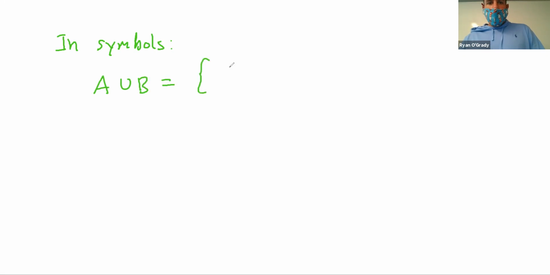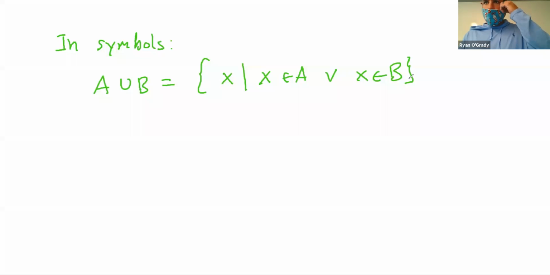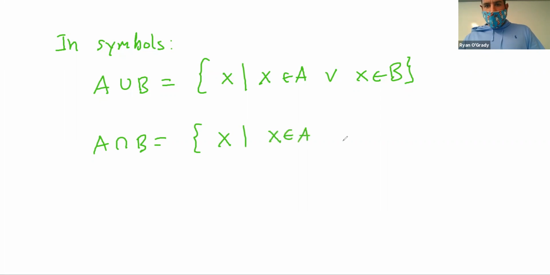It's the set of all elements, I'll use x, such that x is in A or x is in B. And then A intersect B is defined as the set of all elements x such that x is in A and x is in B.